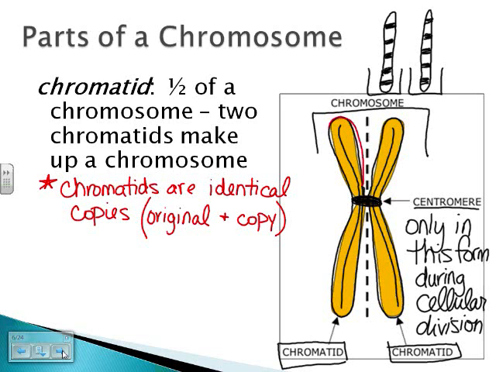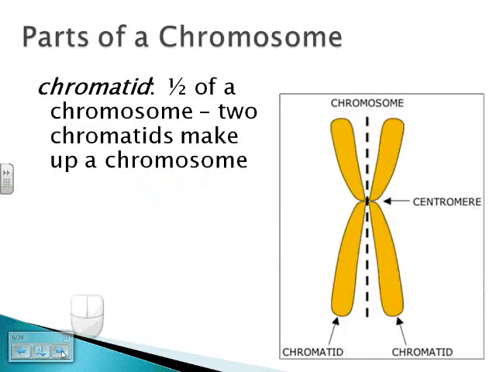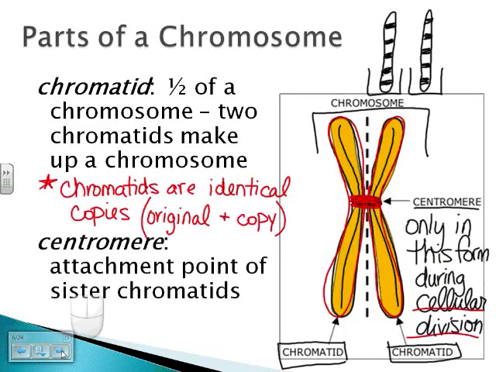In this case, we'd have an original and we'd have the copy. But the only time they're ever going to join together like this is during cell division. And that centromere, that middle point, is where the sister chromatids are going to attach. But like I said, typically when we refer to chromosomes, that's what we're referring to.